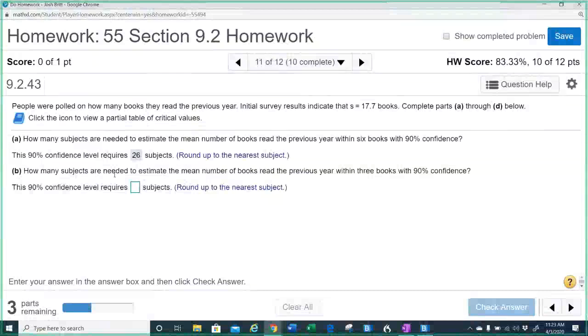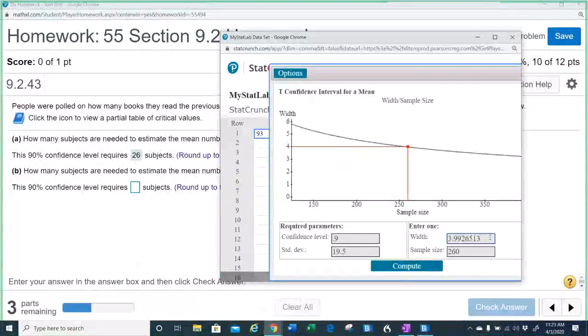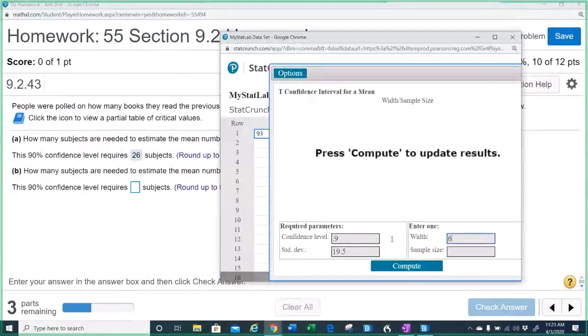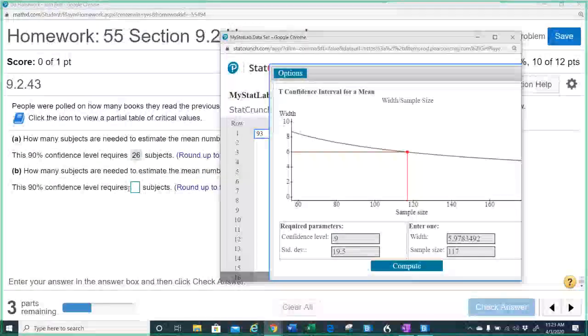All right, mean number of books within 3 books. So we double the margin of error to 6, and 90%, everything else stays the same. So the only thing we change is the margin of error. We'll go from 3 to 6, and we get 117.